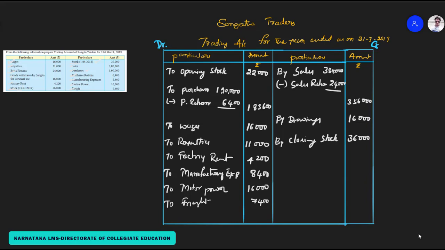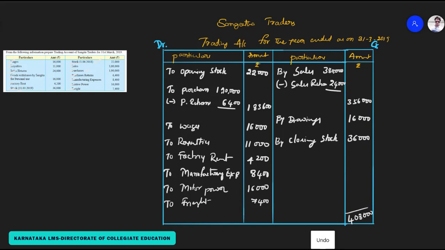Now let us see the balance of trading account. Here we could see the debit column is much lesser, but the credit column is higher. The credit column stands at exactly 4,08,000.